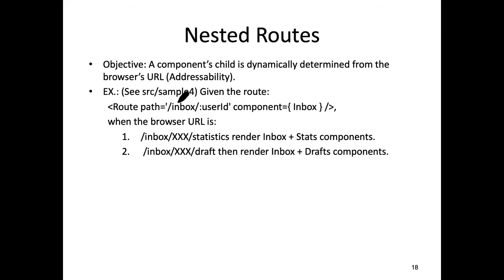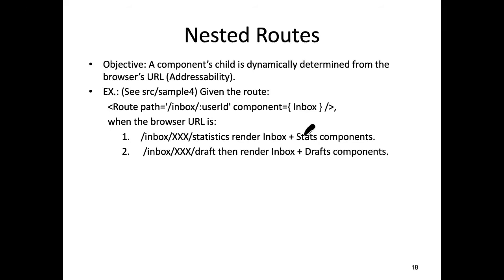To apply it to our little case study, this is one of our standard routes that we have at the moment. But supposing the URL address could look like this, in other words, there's a /statistics part. If the URL is like this, then we want both the inbox and a stats component to be mounted onto the DOM.